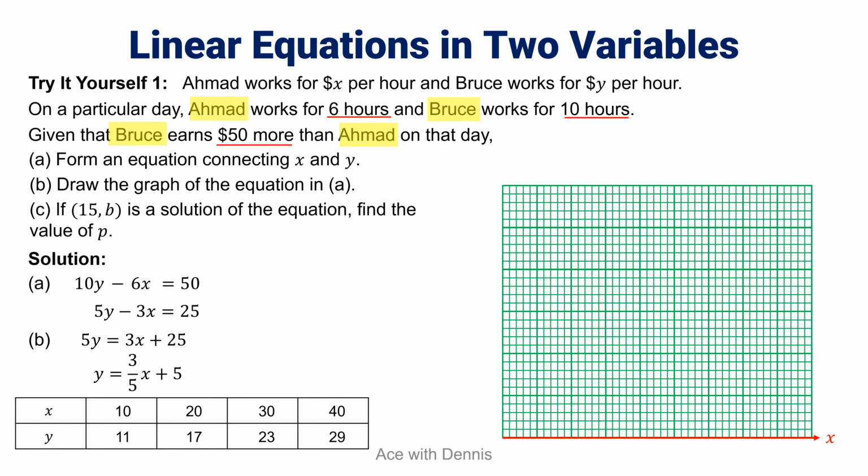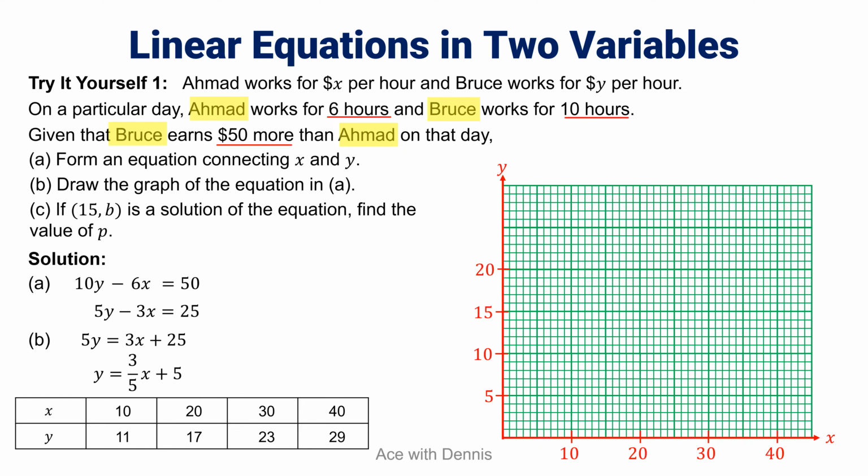So we have the Cartesian plane here, and this is the x-axis. This is the y-axis. We choose the scale for the x-axis, 2 cm to 10 units. So this is 10, 20, 30, and 40. For the scale for the y-axis, we can choose 1 cm to 5 units.